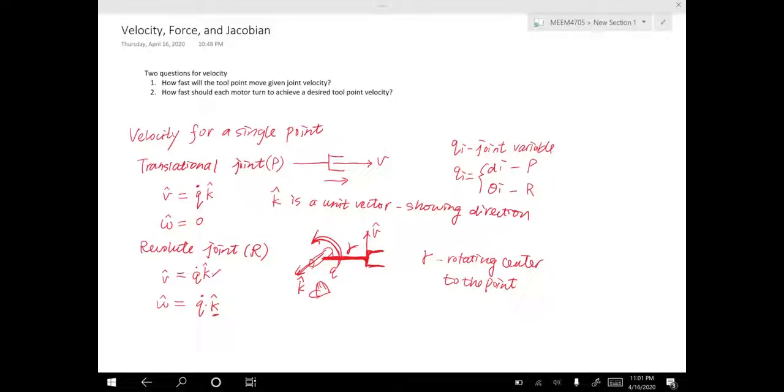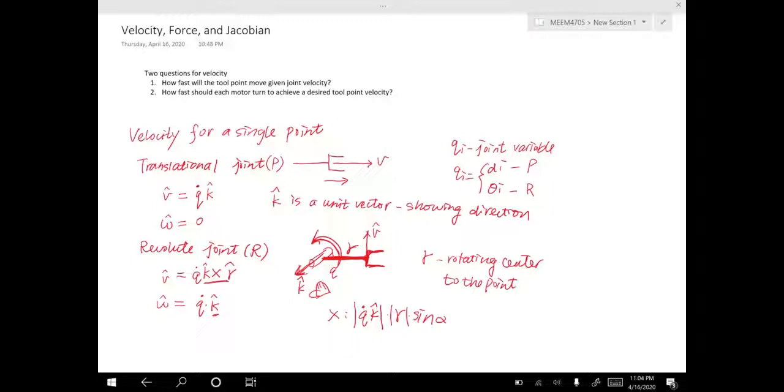And we use the cross product. The cross product with the absolute value of r, which is the angular velocity times r times sine theta, the sine of the angle between k and r, sine alpha.